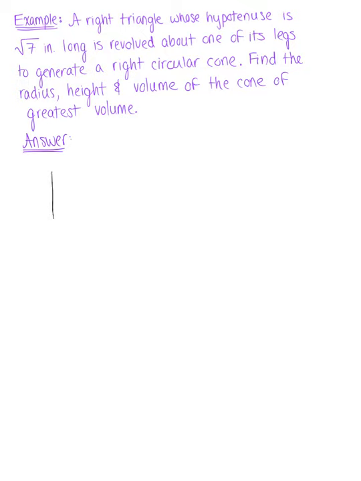So think about a picture here to start. We have a right triangle whose hypotenuse is the square root of 7 inches long. We take this right triangle and revolve it about one of its legs.